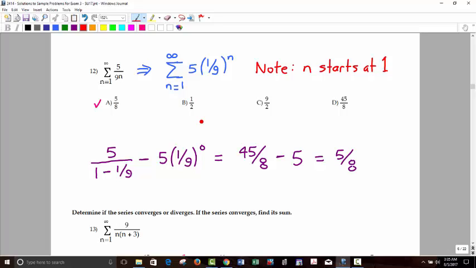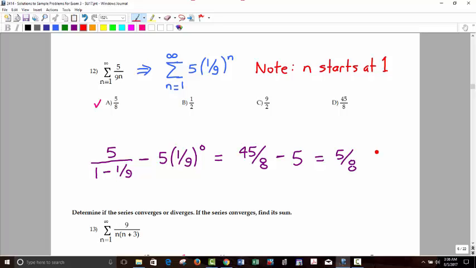That way, if you take from 0 to infinity, and you subtract off the term where it's just 0, that will leave you by default 1 to infinity. So that's easy enough to put 0 in there. So you put 0 into right here. So you take 5 over 1 minus 1/9 minus 5 times 1/9 to the 0. So you get 45 over 8 minus 5, get a common denominator and all that good stuff, and you get 5 over 8.